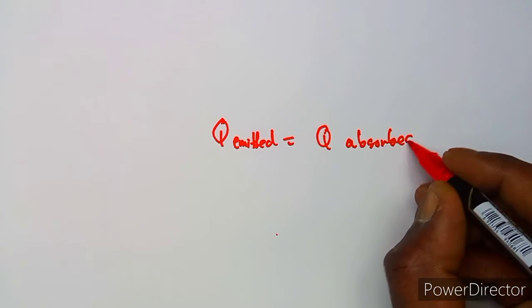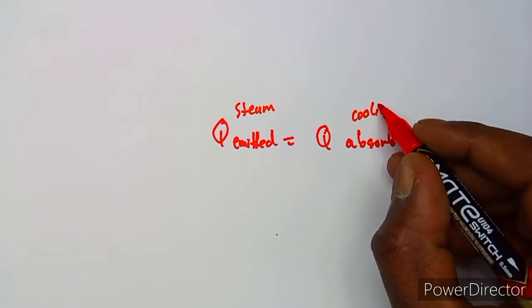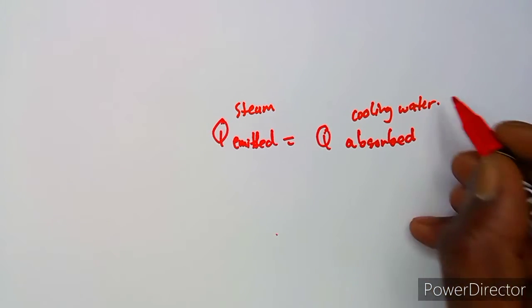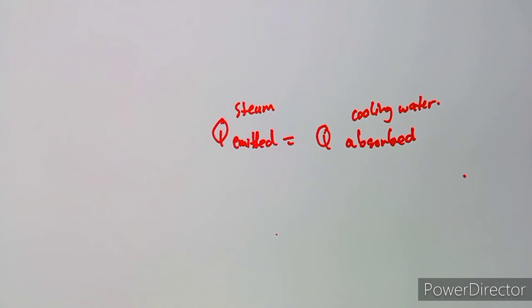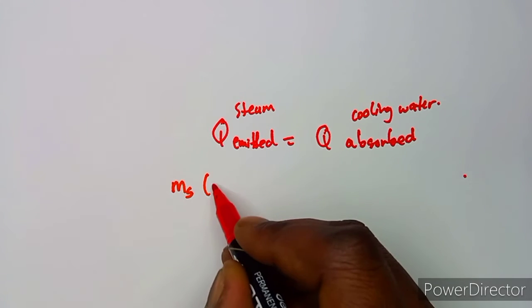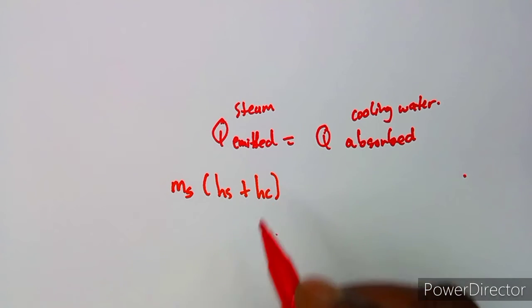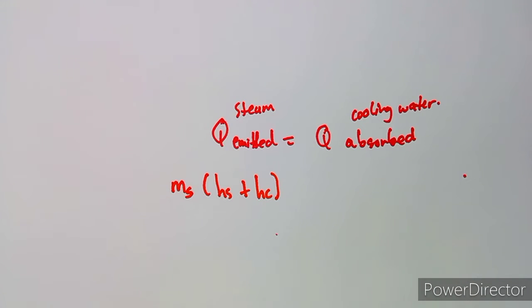All right, so what is emitting is the steam. What is absorbing is the cooling water. It is the one that is absorbing the heat. This one is emitting, releasing the heat. So we know that the heat for the steam, we are going to have the mass of steam times the enthalpies, which are the Hs plus Hc for the condensate and for the steam. Then for the water, what is going to be the heat?